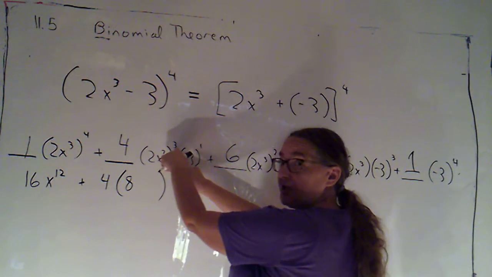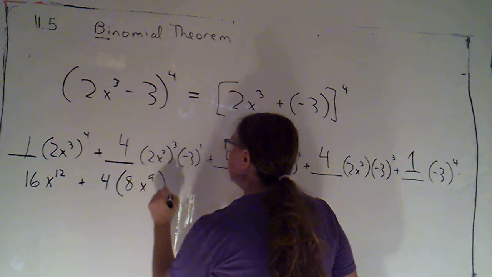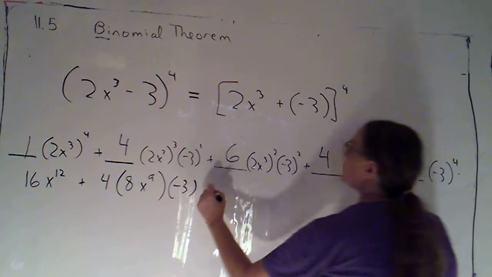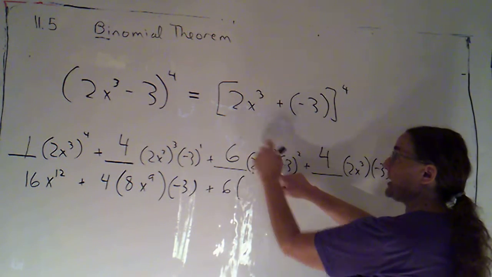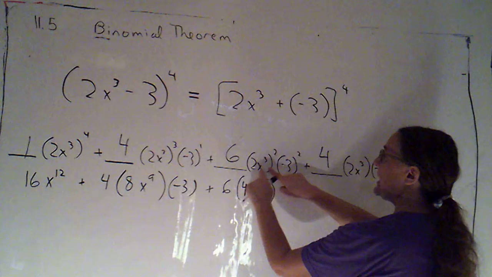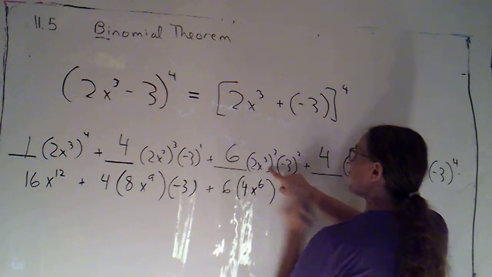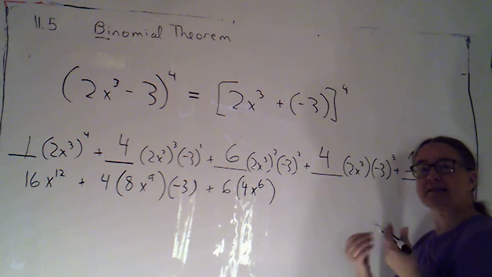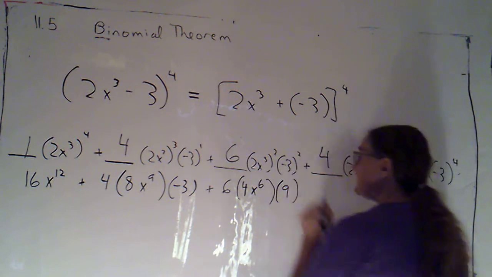X cubed cubed. 3 times 3 is 9, so that's x to the 9th. And then times a -3. Plus 6 times 2 squared is 4. X cubed squared. 3 times 2 is 6, so that's x to the 6th. -3 squared, that's -3 times -3, that's positive 9.